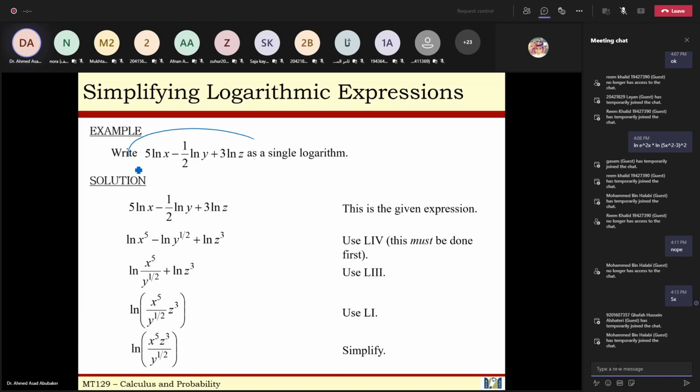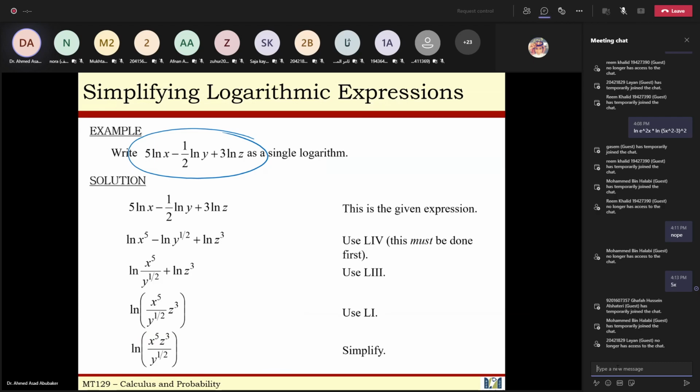Look at this expression. We need to put the algebraic expression as one single logarithm. This is very easy. We have 5, put it as an exponent. We have half, put it as an exponent. We have 3, put it as an exponent.